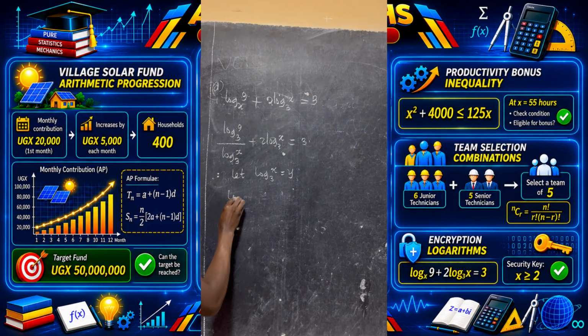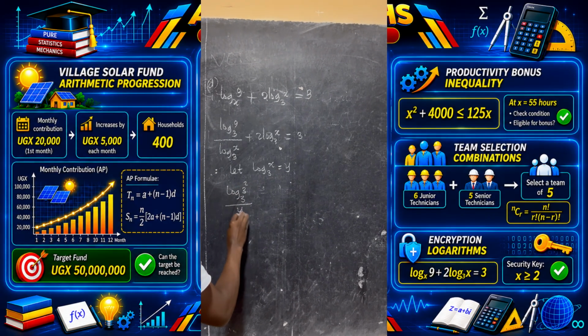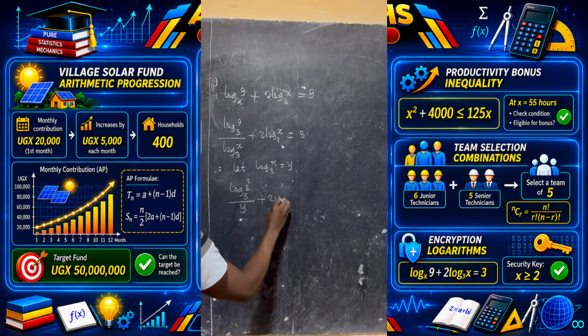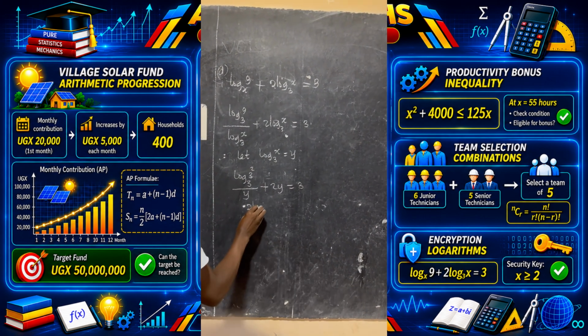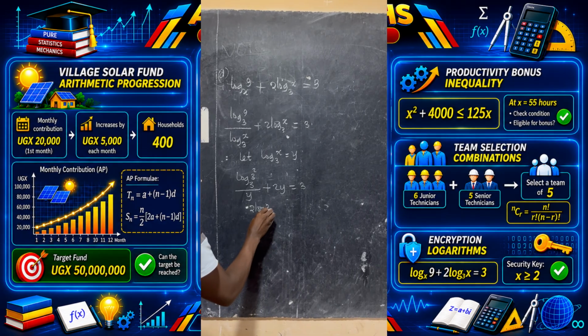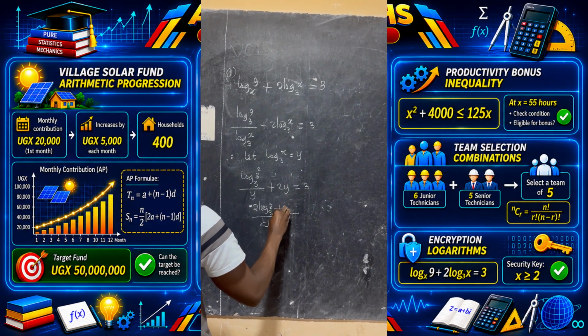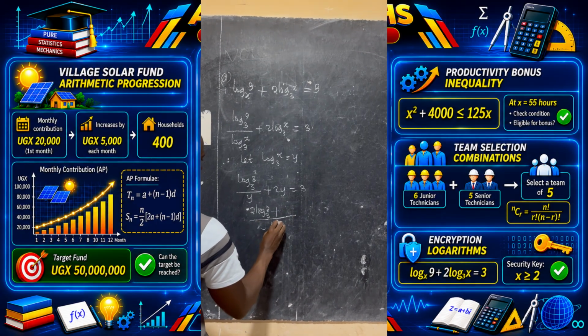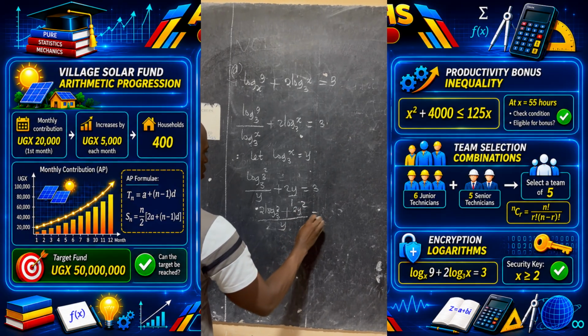This is the same as saying log base 3 of 9, which is 2, over y, plus 2y is equal to 3. When the 2 drops, I have 2 log 3 over y. The LCM is y, so this is a 1, this will be 2, plus 2y squared is equal to 3y.